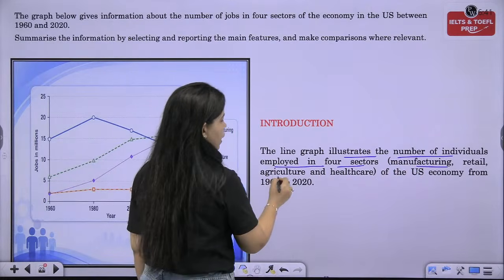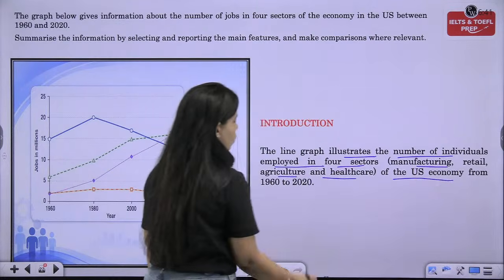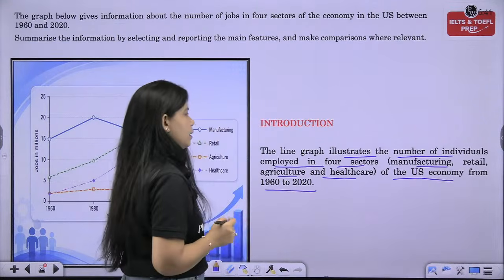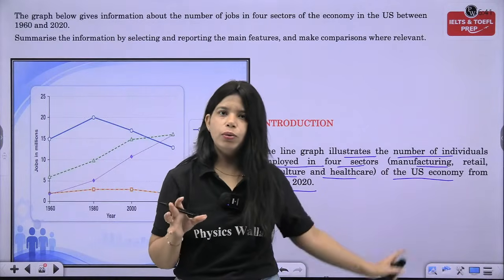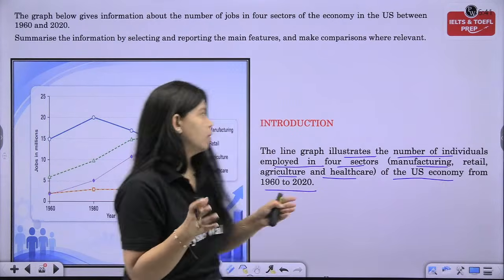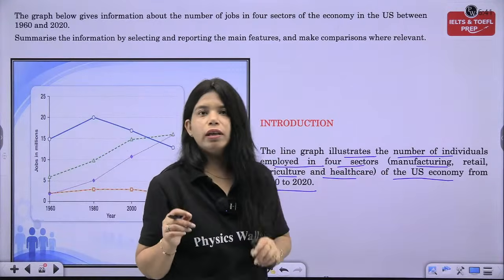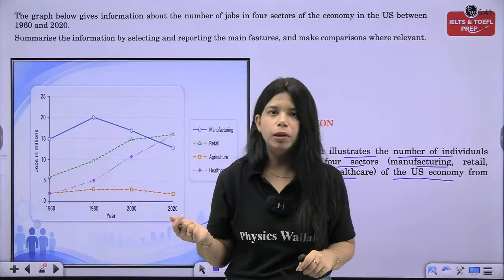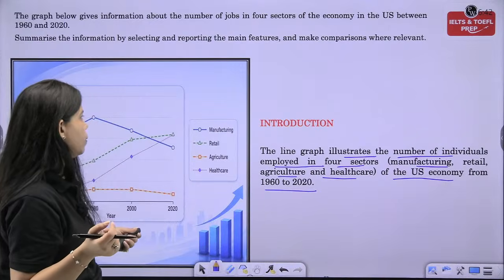Manufacturing, retail, agriculture, and healthcare of the US economy from 1960 to 2020. Why is the language changing here? Because I have mentioned all the 4 sectors, all the 4 categories. The question says 4 sectors and I am mentioning those categories and I am easily able to change the language.